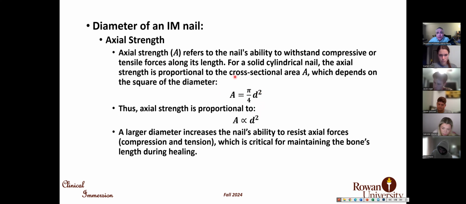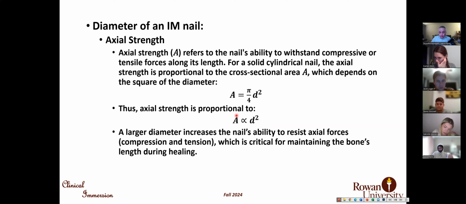It is proportional to the cross-section area or the surface area, which is calculated by the second power of diameter. So increase in diameter of the nail also increases axial strength, but not as much as the other parameters.